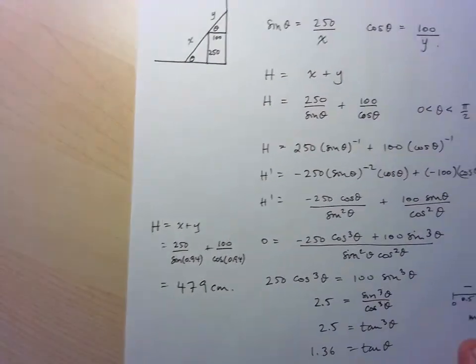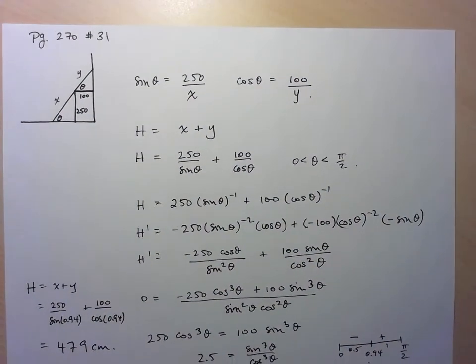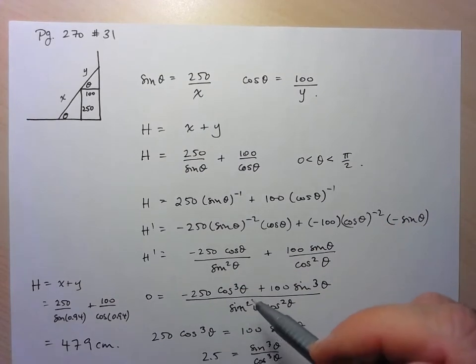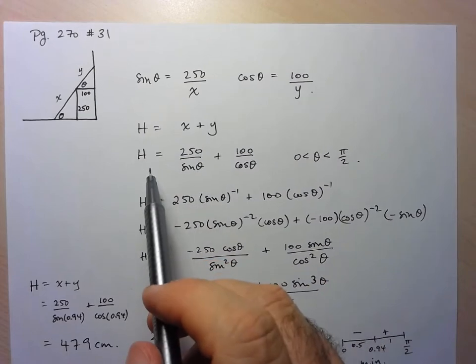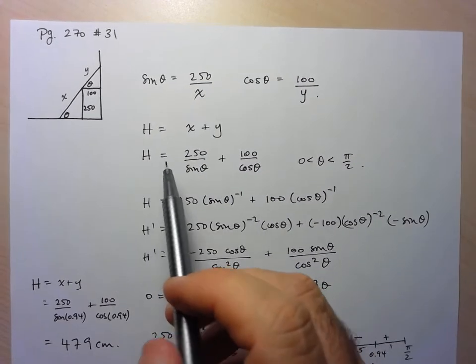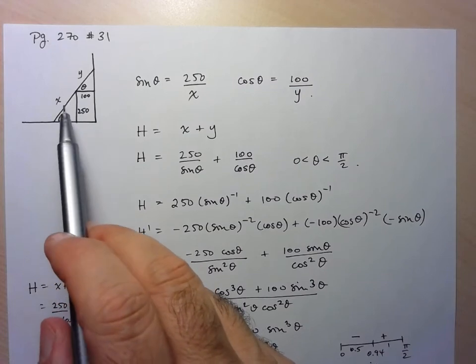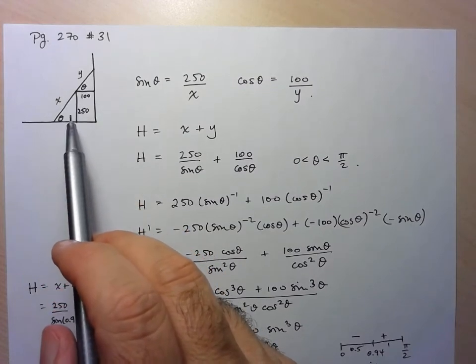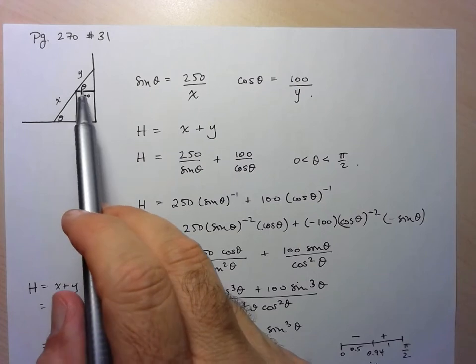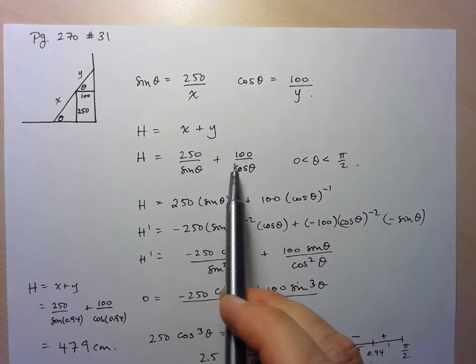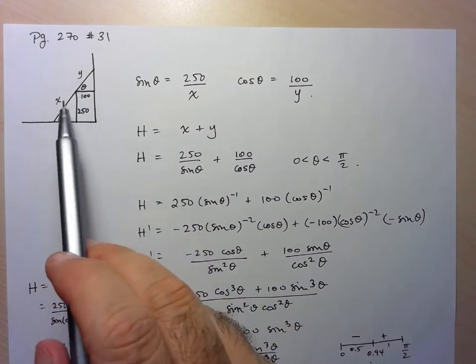So, a bit of a long problem, probably a little tougher than you'd get on an exam, but it shows you the different steps that one has to follow. Step number 1 is to determine your model. Get a good diagram, figure out what you're going to need. We saw that Pythagoras and similar triangles themselves weren't going to help. We needed to work with an angle, and we were able to get a fairly easy function to represent these two parts of the ladder.